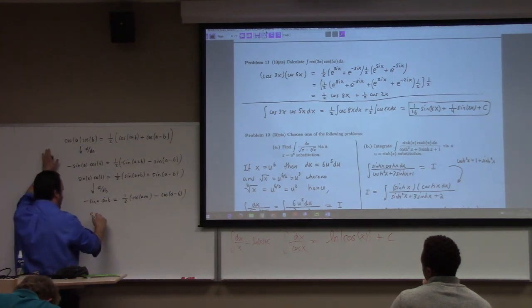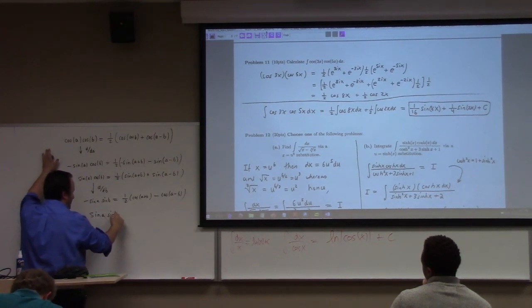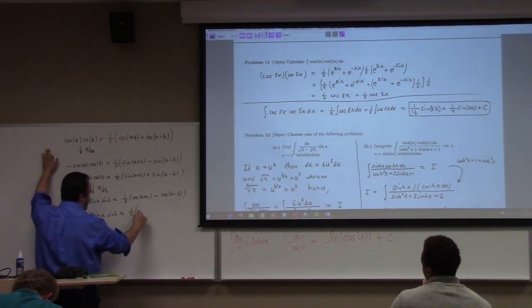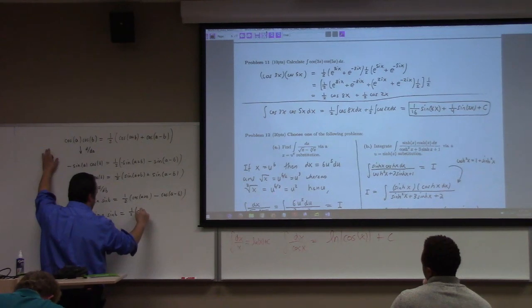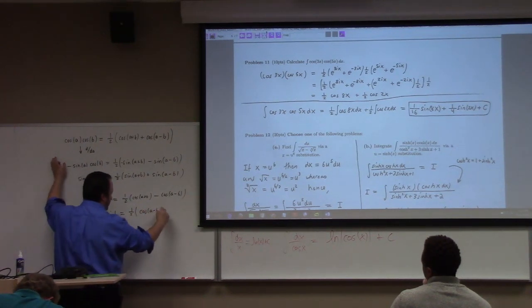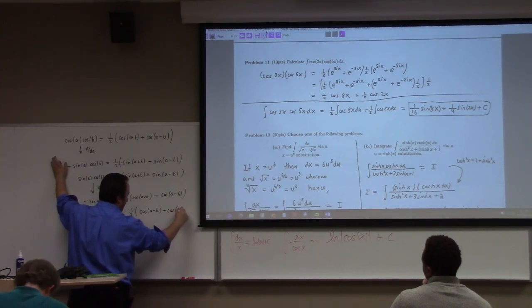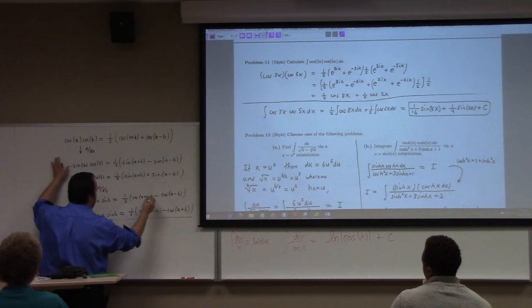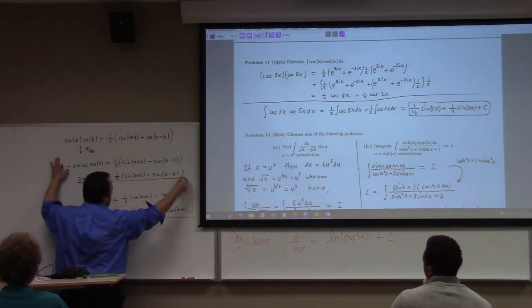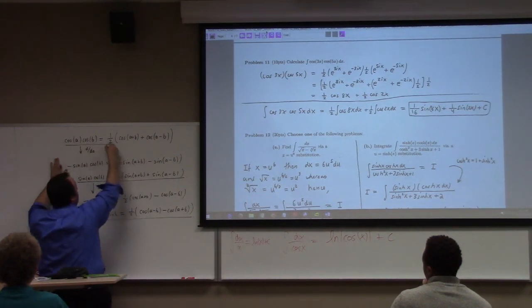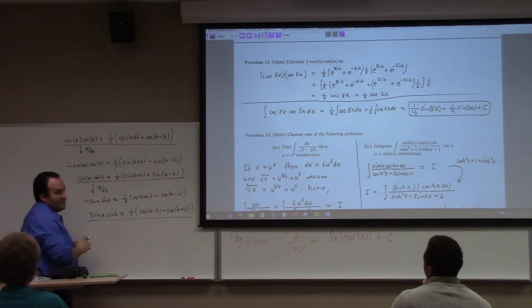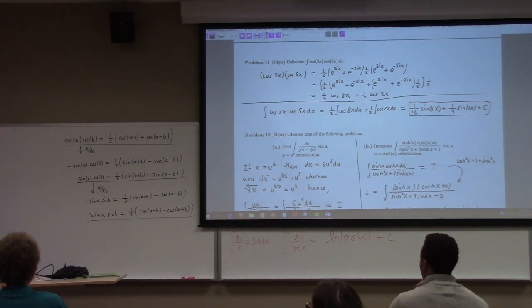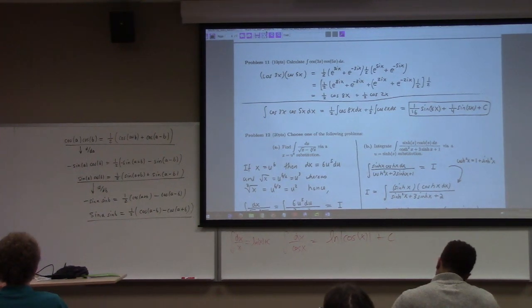And so there you go, sine a sine b is 1/2 of, we could remember this way, cosine of a minus b minus the cosine of a plus b. So anyway, there are your 3 product identities. If you remember one of them, differentiation will get you the other 2. Or you could do my imaginary exponential approach if you like it.